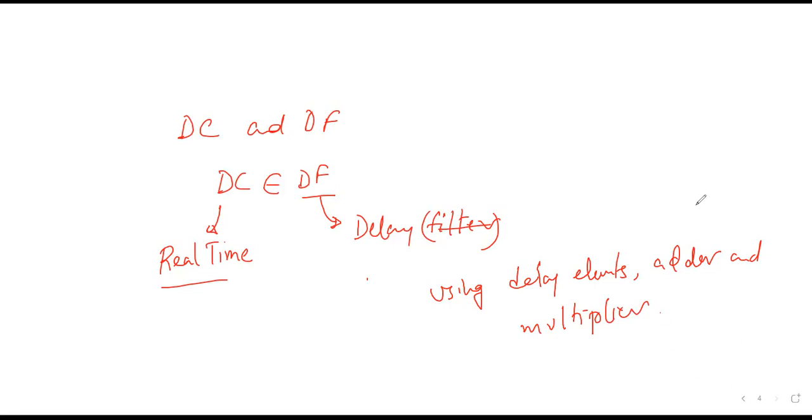Okay, so how can we represent delay? In the block diagram representation, basically a pulse transfer function of Z inverse. And we know that in the time domain or S domain, it is e to the minus TS, which is nothing but the pure delay in the S plane.